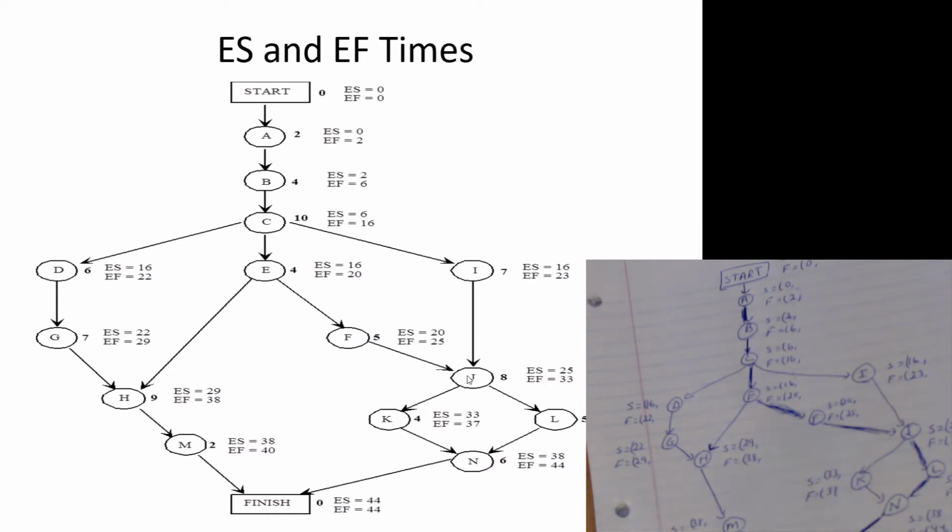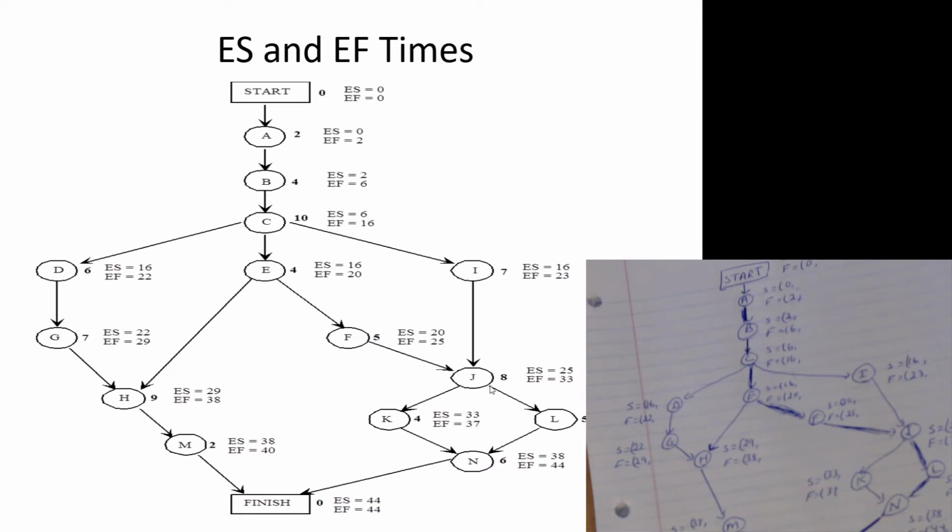So whichever of the earliest finish times for, in this case, F and I is the largest, the maximum, that's when J can begin, because J can't begin until they're both completed. Although I is finished in period 23, F is not finished until period 25. J, which depends on both I and F being finished, can't start till period 25 because they're not both finished until period 25.